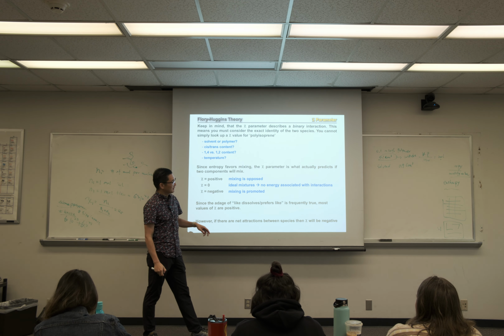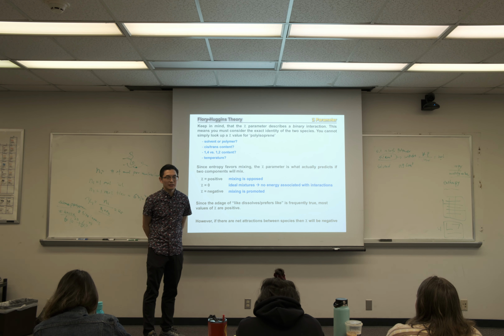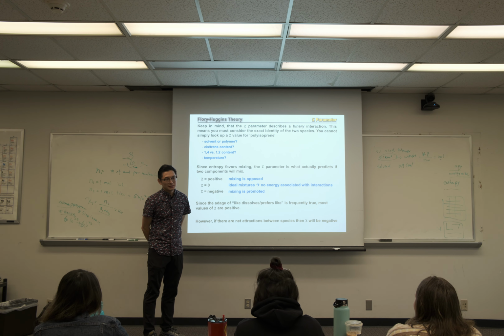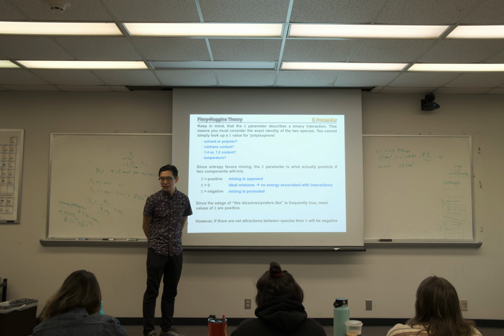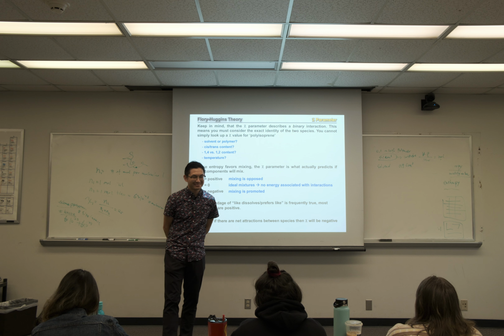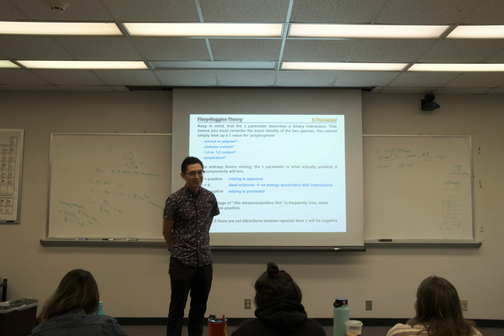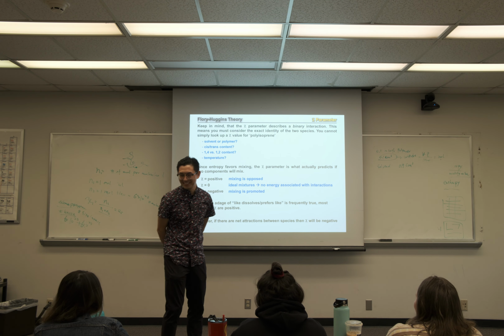When chi is negative, let's look at the bottom one. Thermodynamics always says we're going to mix, because entropy favors mixing and enthalpy also favors mixing. So there's no way you can make delta G positive, because everything is negative. Sounds very sad to say that.